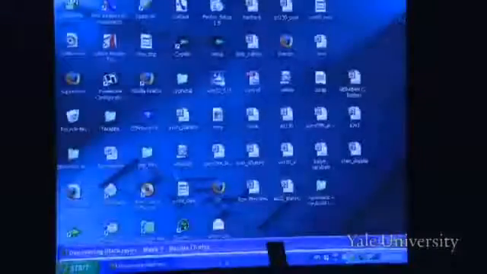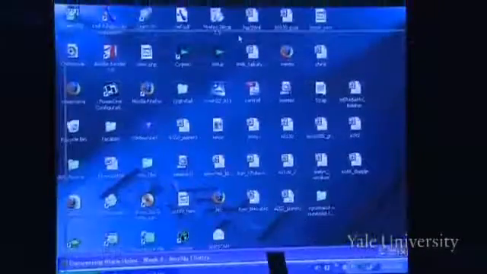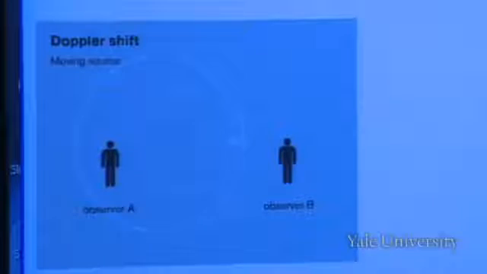Let me get out of that and try this one instead. It's just a property of how waves look. So look what happens. If the thing is stationary there in the middle that's emitting the waves, then the waves propagate equally in all directions, and both observers see the same distance between successive waves.